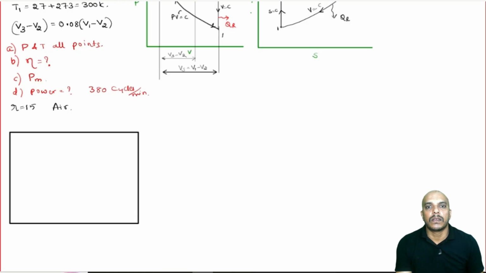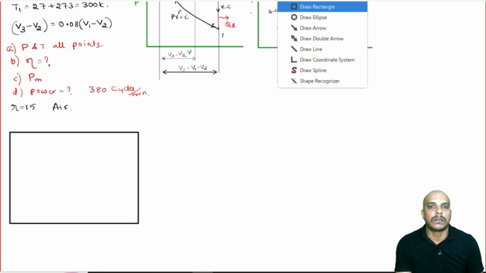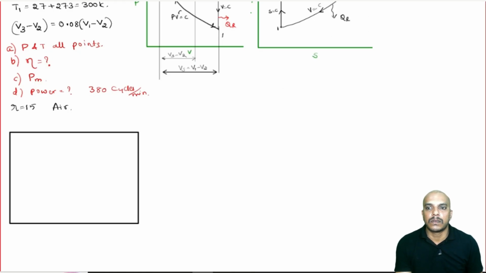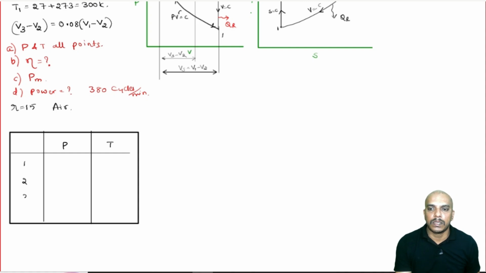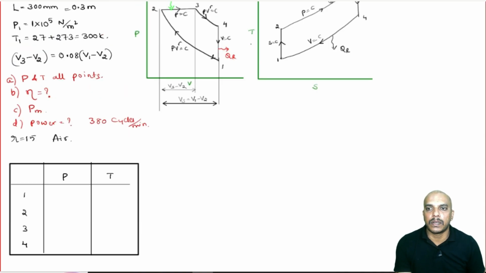We want to find pressure and temperature at 4 points, 1, 2, 3 and 4. P1 and T1 are given, so I will write them: P1 is 1 into 10 power 5 Newton per meter square, and temperature is in Kelvin, 300 Kelvin.